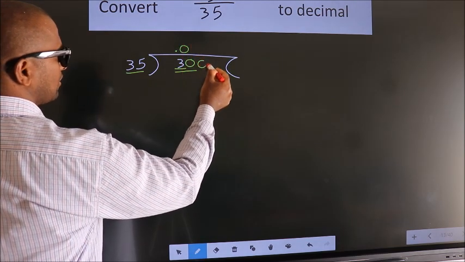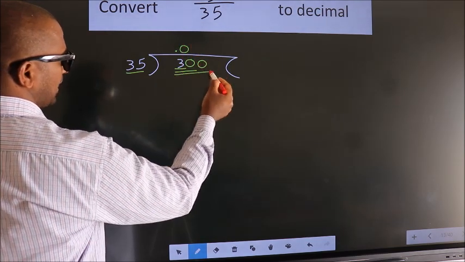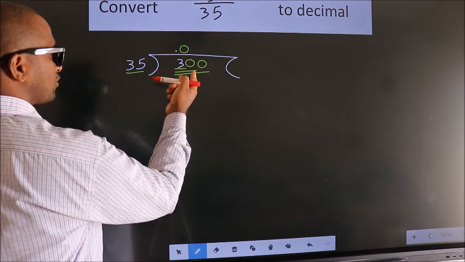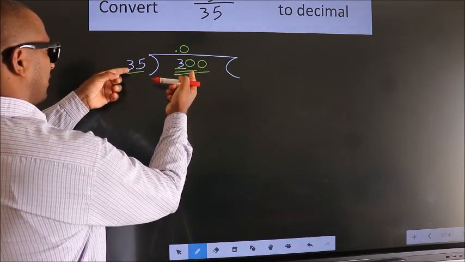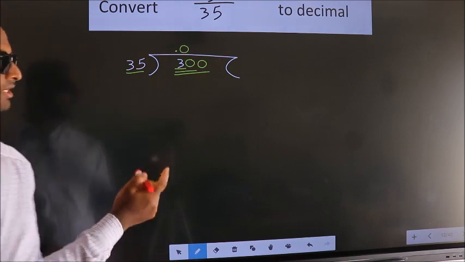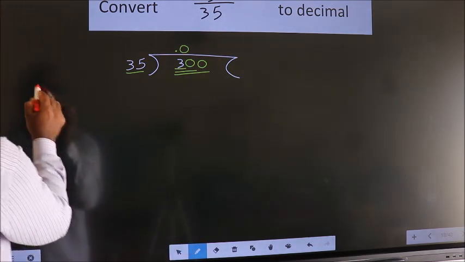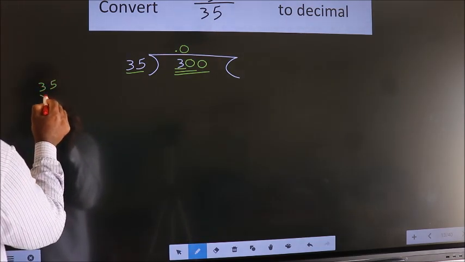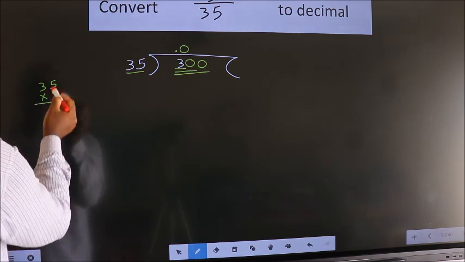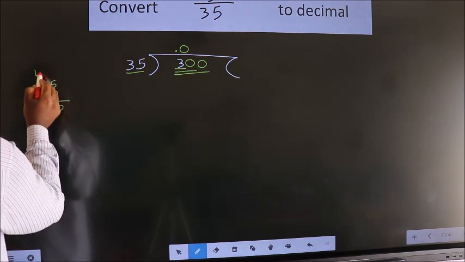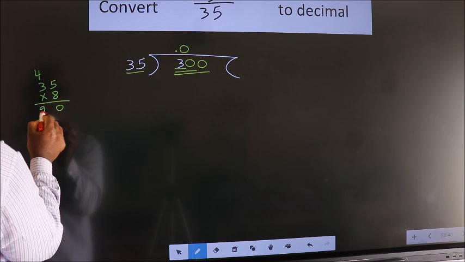So 300. A number close to 300 in the 35 table is, let us go with 8. So 35 8 times. 8 5s 40. 8 3s 24 plus 4, 28.